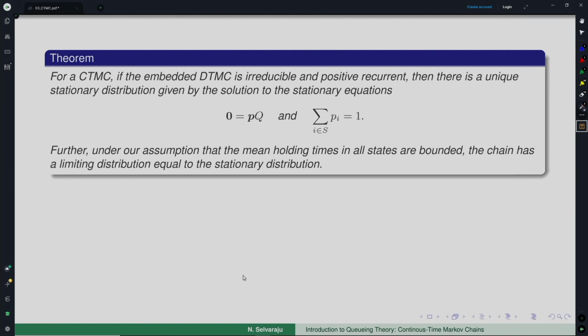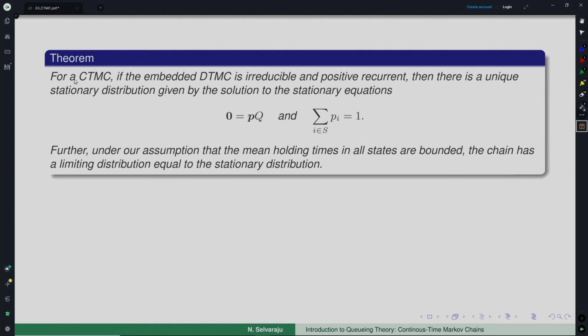What this says is the following: for a continuous time Markov chain, if the embedded DTMC is irreducible and positive recurrent, then this CTMC is also irreducible and positive recurrent.